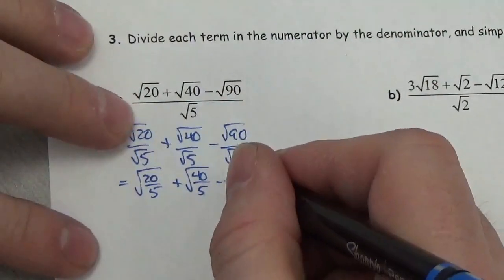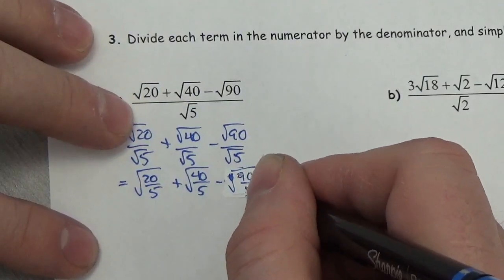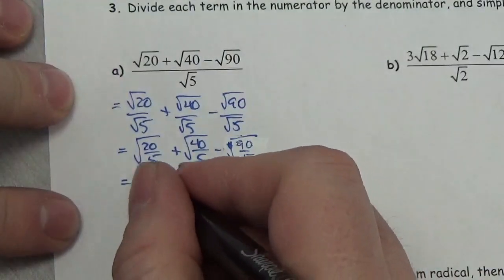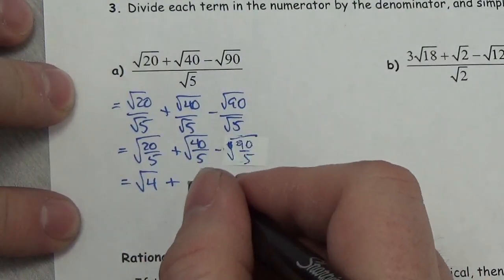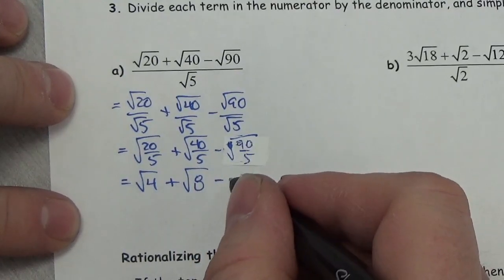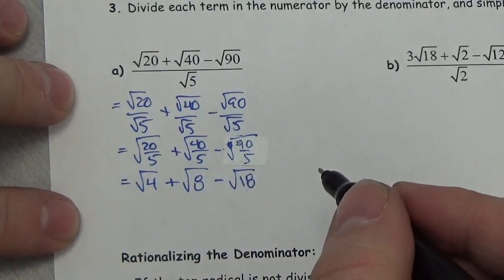That's going to be root 90 over 5. And so now root 20 over 5 is simply going to be the square root of 4. 40 over 5 is the square root of 8. And then 90 over 5 is going to be the square root of 18.